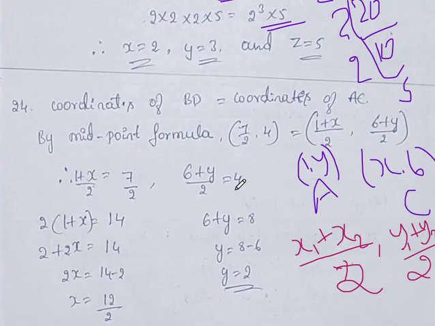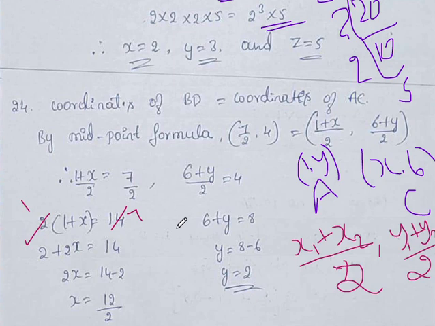Now just simplify. Cross multiply the 2 here and the 2 here. 2 into 1 plus x, and 2 into 7 is 14. You can multiply this 2 inside the bracket, or you can cancel it here only. 2 ones are 2, 2 sevens are 14.